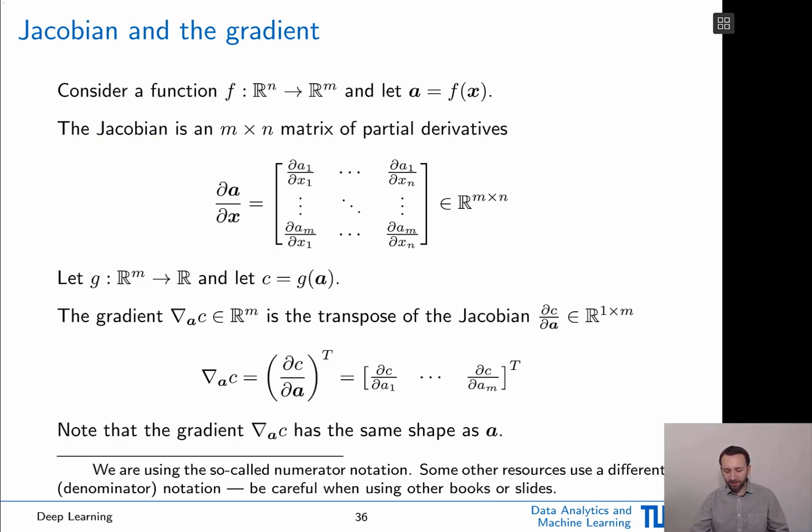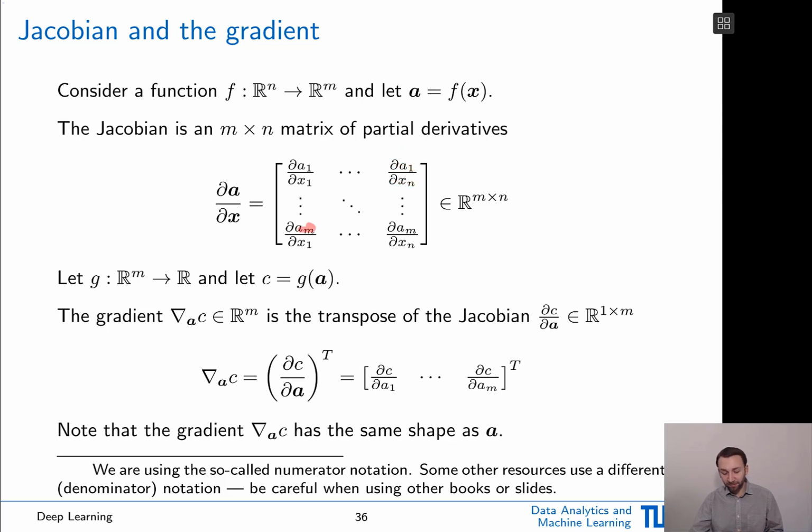The Jacobian is, simply speaking, all the different possibilities of taking these partial derivatives. A partial derivative means you take a specific output, for example output 1, remember we have m many outputs, and you compute the derivative of output 1 with respect to input 1, for example, which is this position here. Or the derivative of output 1 with respect to input n.